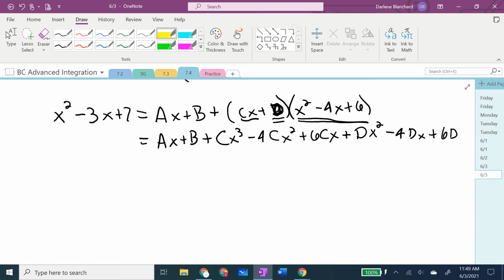One thing that I see right away is I've got an x cubed term on the right side, just one, solitary. On the left side, I don't have an x cubed term. It's quadratic. That means c must equal 0.